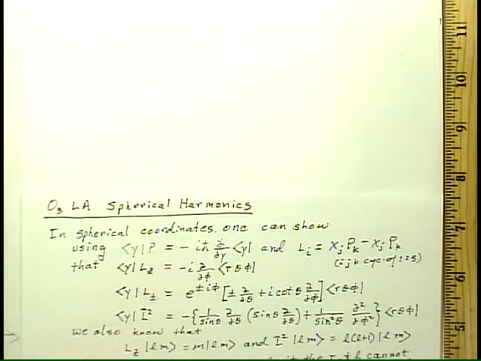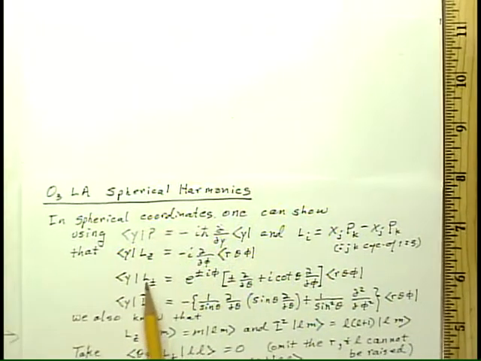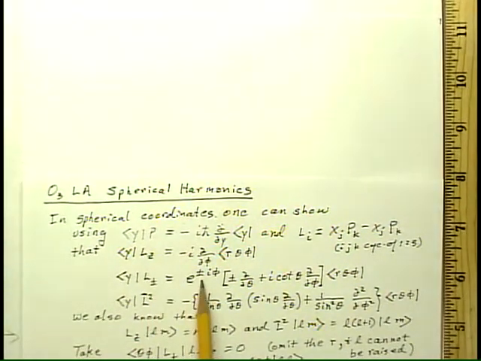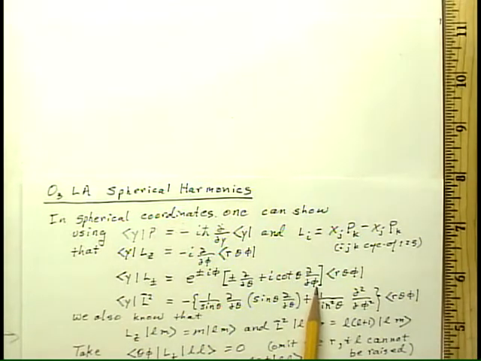of the standard texts on mathematical physics, where we can rewrite our Lz in terms of the spherical variables r, theta, and phi in the following ways. One can show that Lz is equal to minus i times partial with respect to phi, and that L plus or minus is e to the plus or minus i phi times plus or minus partial with respect to theta plus i cotangent theta times partial with respect to phi.